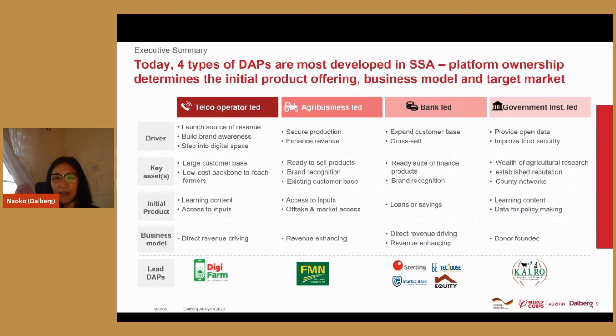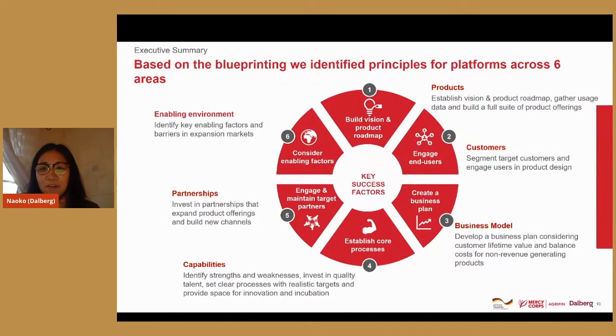Next page, please. And a quick summary of what we thought are the key success factors of this platform, from the view of the platforms. I move on to the view of the tech innovator later, but this is from the view of a platform. What are the key success factors? There are 6. One is the vision, and particularly vision around the product and the roadmap.